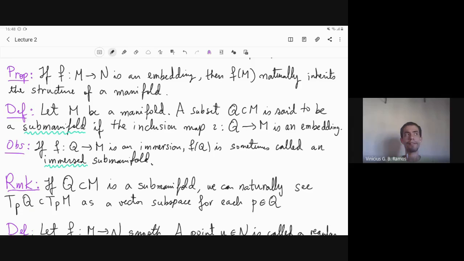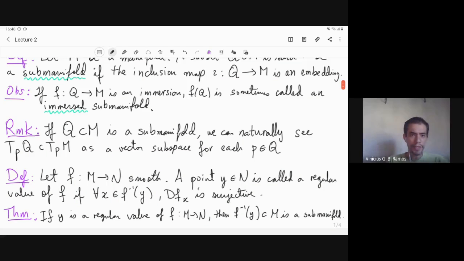You can basically say that locally, you can think of the chart on the submanifold as being just the restriction of a chart of the manifold that it sits in to a subspace. Okay, so we'll get to that in a little bit.